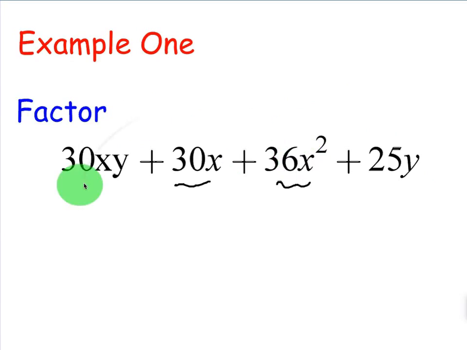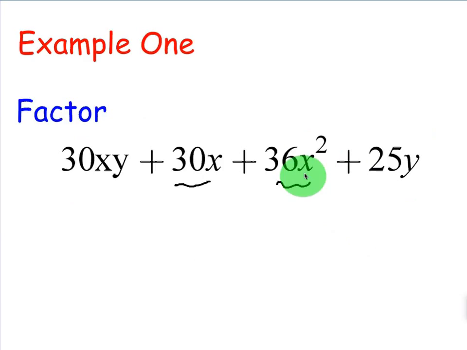The 2 expressions on the outside both have 5s and y's. You wouldn't want to group 30xy with 30x because that doesn't have a y in it. Neither would you want to group 36x squared with 25y because that doesn't have a y in it. So in this case, we're going to group the terms that have a 5 and a y, these 2, and then we'll group the middle terms together.